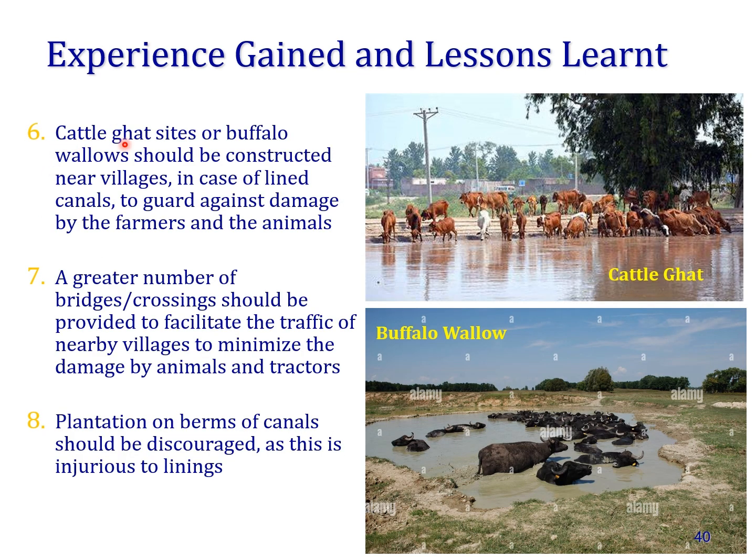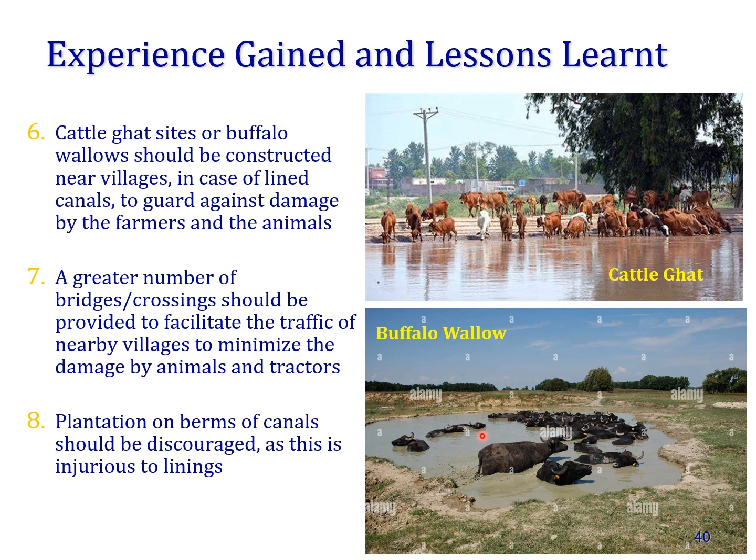Number 6, you see right here there are cattle drinking water from the canal, and you see some steps in this region. This area which facilitates the animals is called a cattle ghat. If you want to preserve your canal cross section, you should create cattle ghats so that the animals can approach the water without damaging the cross section or lining of the canal.